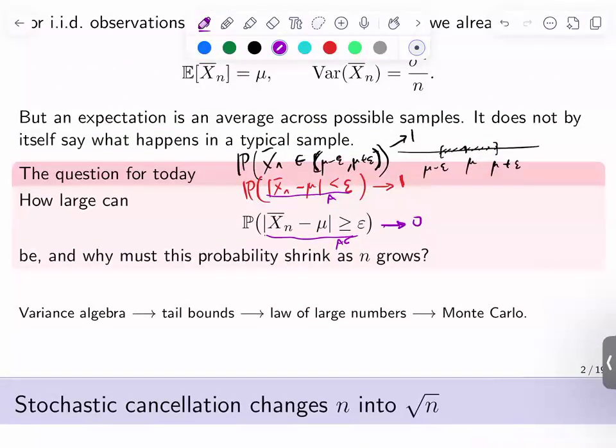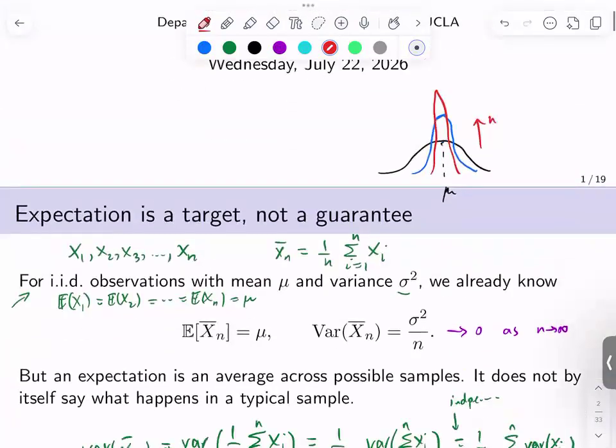Does this make sense? It's not obvious the first time you see that this is the right quantity to look at: the probability we assign to outside this interval, where x bar n minus mu is bigger than epsilon. That probability is going to get smaller and smaller.